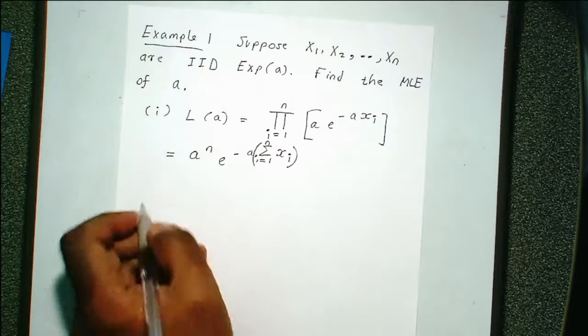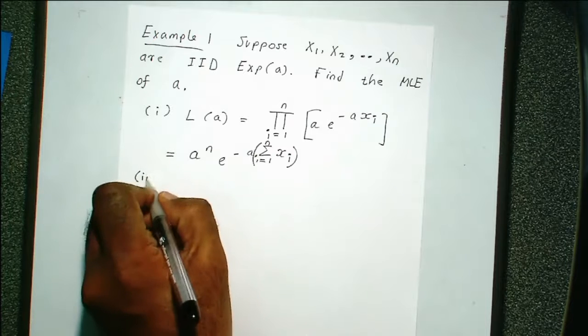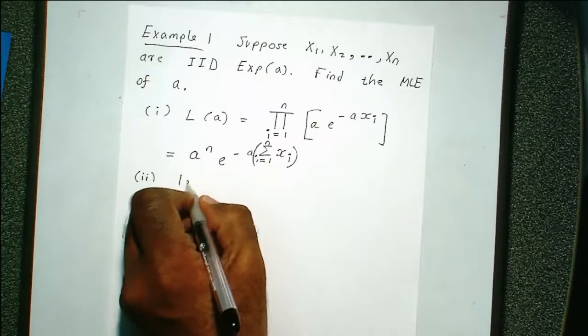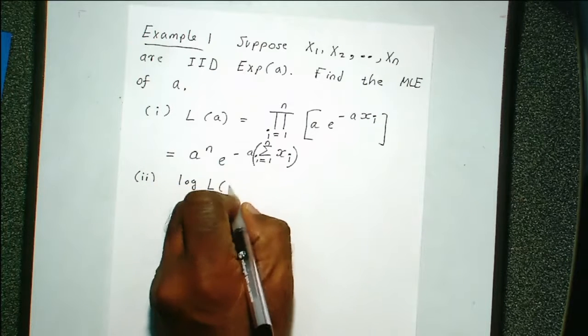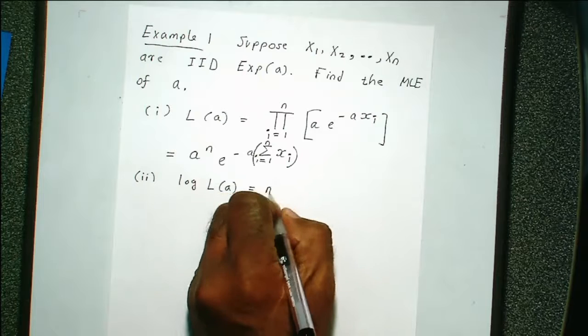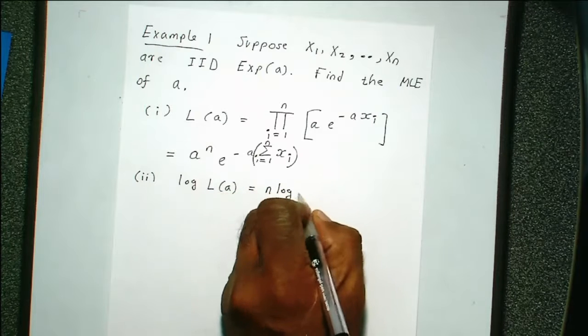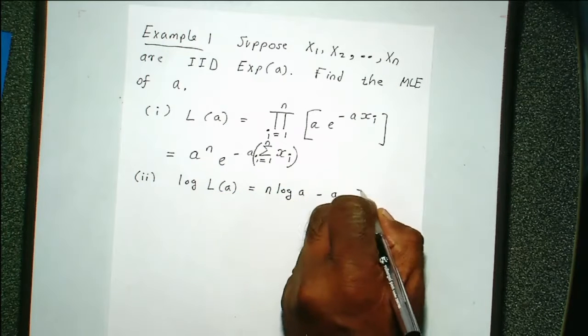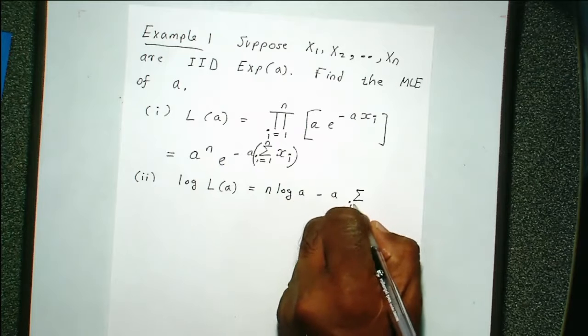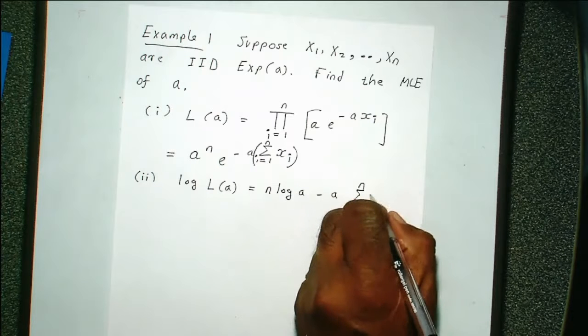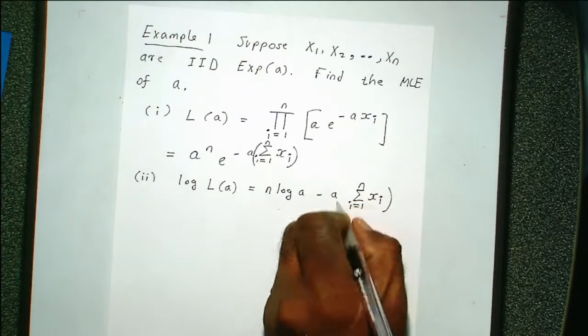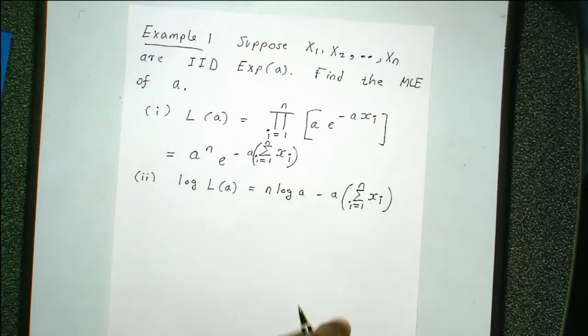The second step is to take the log likelihood function. So this is the log of the likelihood function.